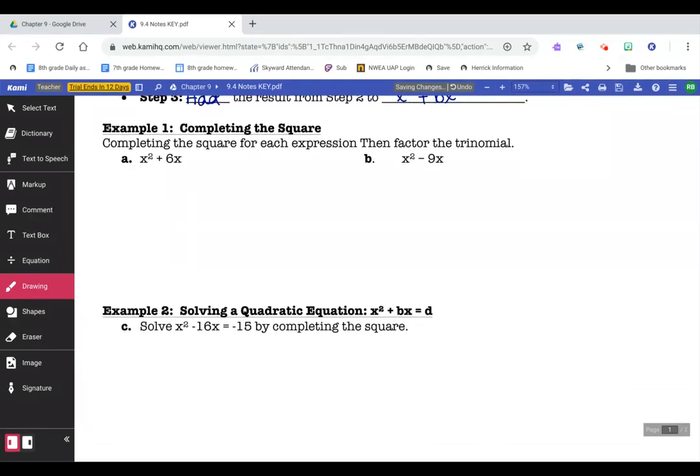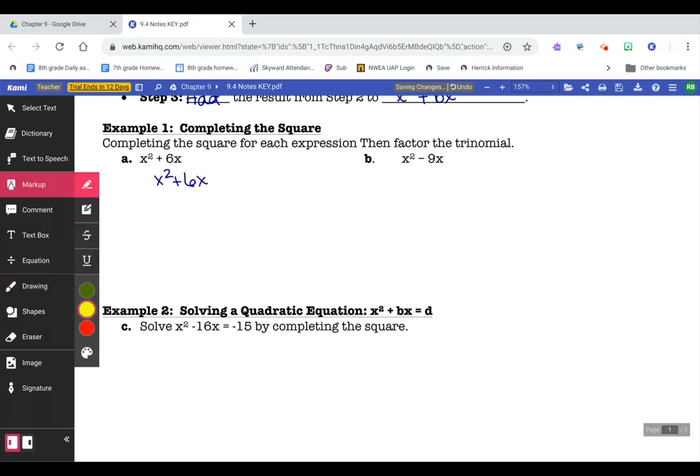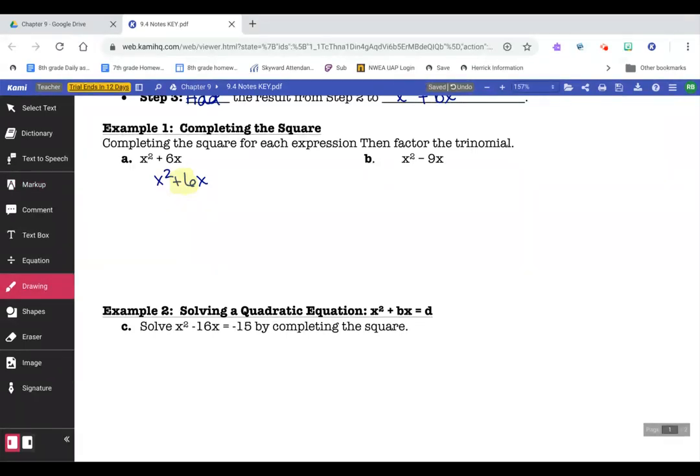So let's try that for example 1. We have the expression x squared plus 6x. Our b is positive 6. So for step 1, we take that number and divide it by 2. So we get 3. For step 2, we square what we got in step 1, which gives me 9.